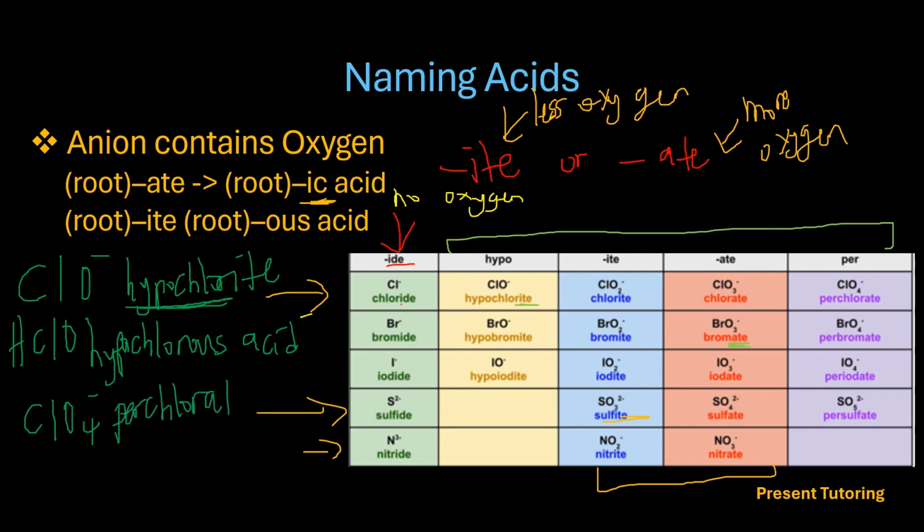That's the name of the anion. The root here is perchlor, and it's an ate anion, so I'm going to change it into an ic acid. So HClO4 would be perchloric acid.